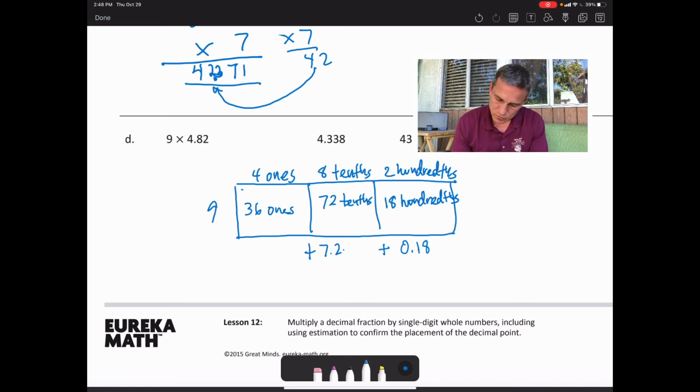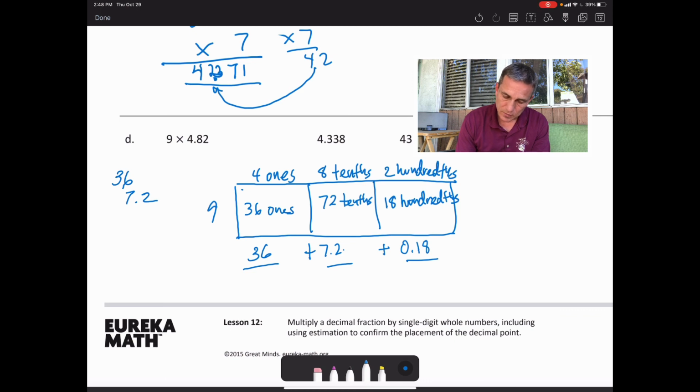So 36 ones is 36. Then I'm going to add all of my partial products together. So I'm going to add 36 plus 7 and 2 tenths, taking care to put the 7 under the 6 because the 7 is in the ones place.